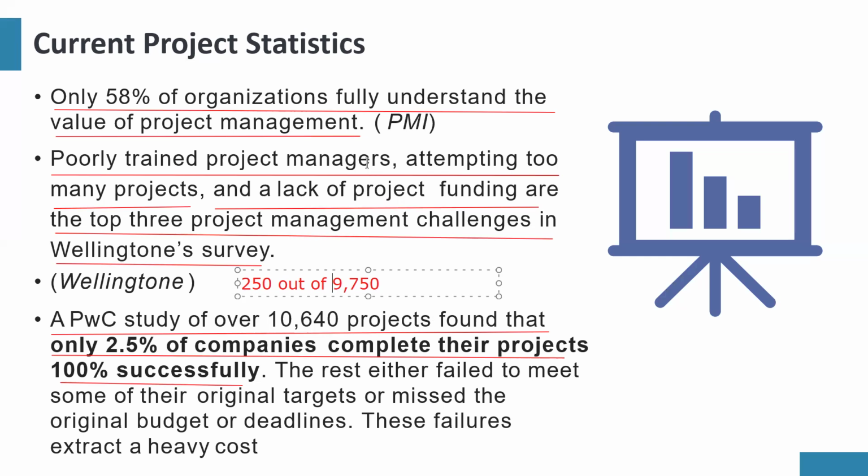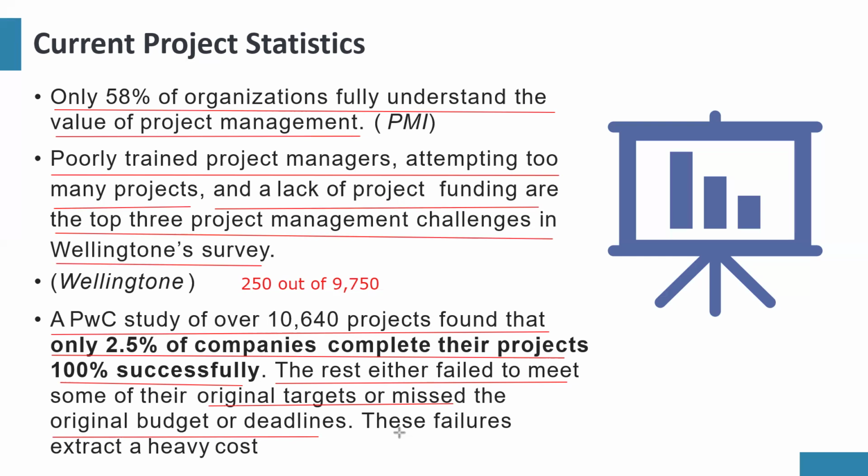The rest either fail to meet their original targets or miss the original budget or deadlines, and some of them don't even complete a project. So there's a lot of project failure going on, right? And there are gaps. And that's what I'm trying to establish.